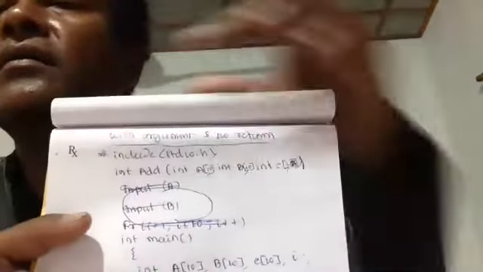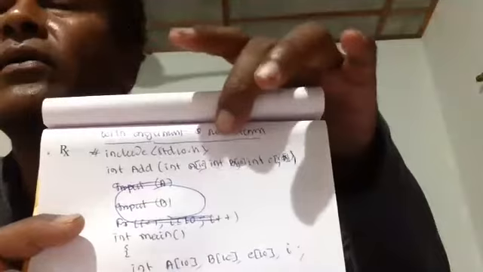Now, next is your function with argument and no return. Just wait. You see, with argument and no return.